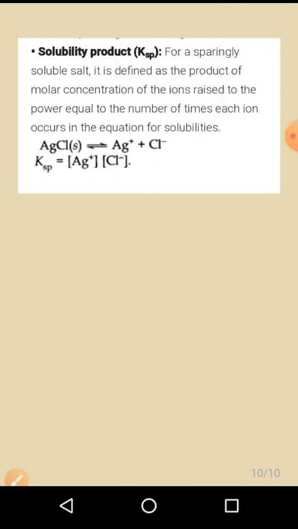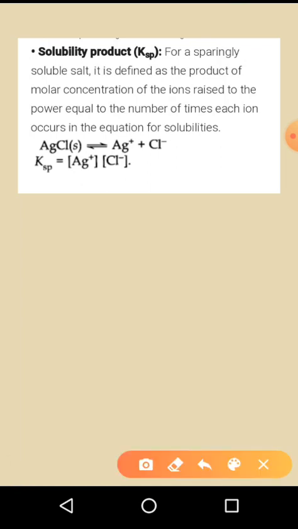Next, solubility product. For a sparingly soluble salt, it is defined as the product of molar concentration of the ions raised to the power equal to the number of times each ion occurs in the equation of the solubility.